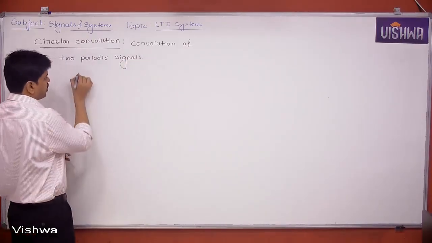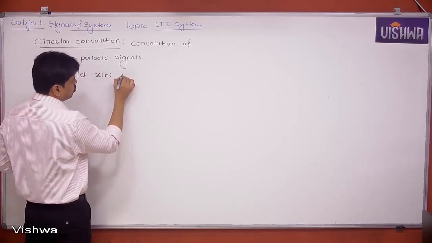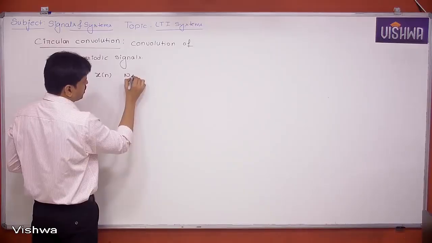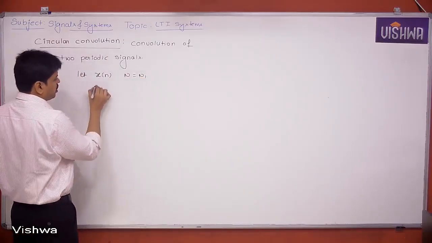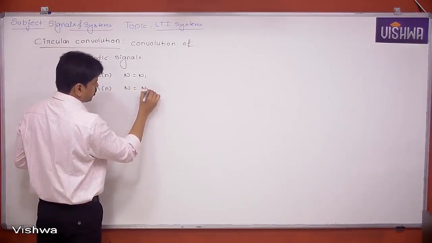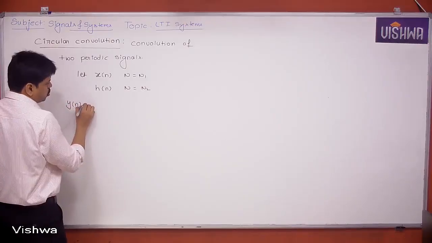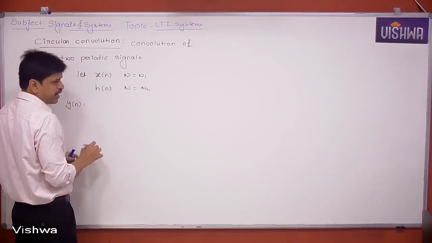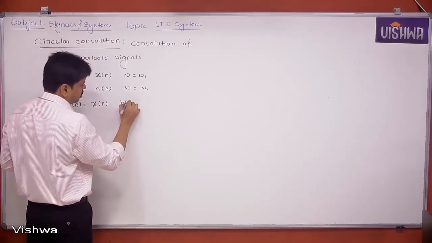Suppose let's say x of n is a signal which is periodic with a period n1, and h of n is periodic with a period n2. Then y of n, which is the convolution of two periodic signals, we can show with a special symbol.